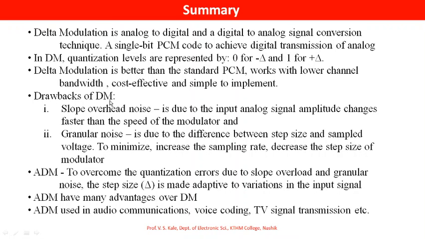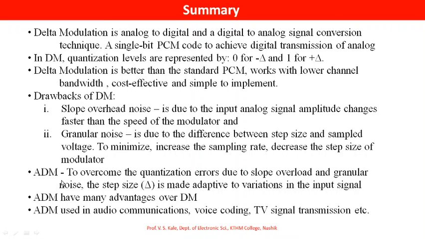Drawbacks of delta modulation: first, slope overload noise is due to the input analog signal amplitude changing faster than the speed of the modulator, and the granular noise is due to the difference between the step size and the sampled voltage. To minimize, increase the sampling rate and decrease the step size of the modulator.